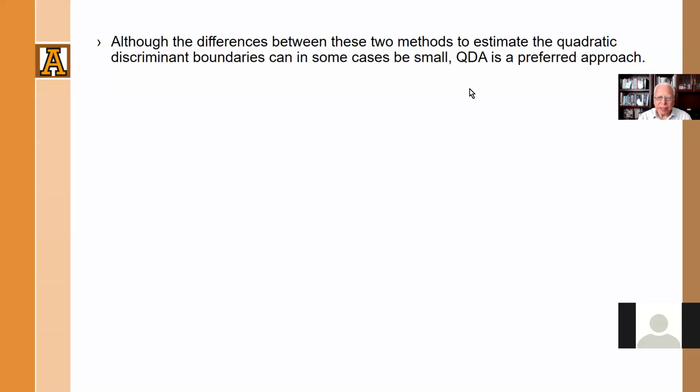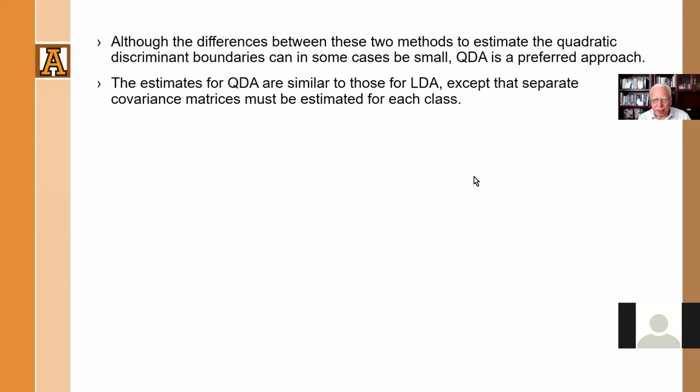QDA is of course the preferred approach of the two methods. Remember that graph we showed, where on the left we have the linear discriminant analysis using as predictors x1, x2, x1 times x2, x1 squared, and x2 squared.